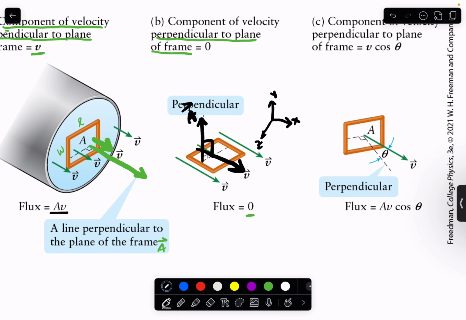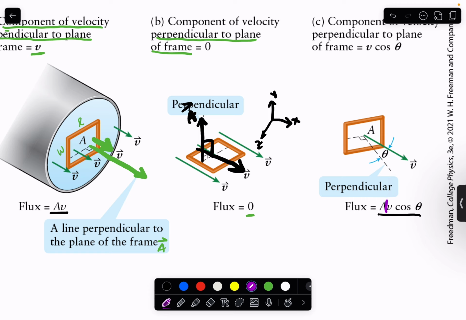And so now, what if the vector is at an angle with respect to the perpendicular to the plane? Well, then the amount of vector that passes through that area is going to be given by A V cosine theta. And how can we see that?